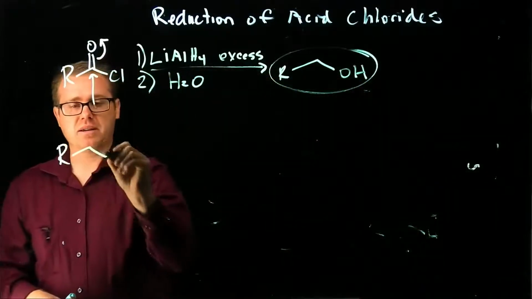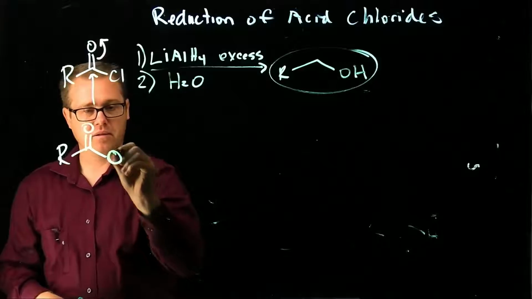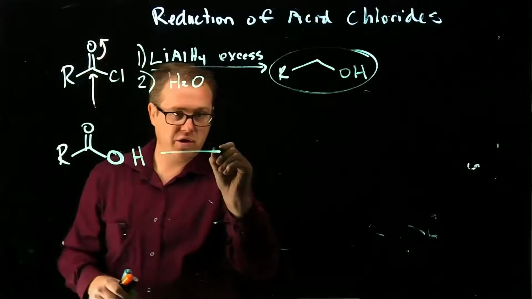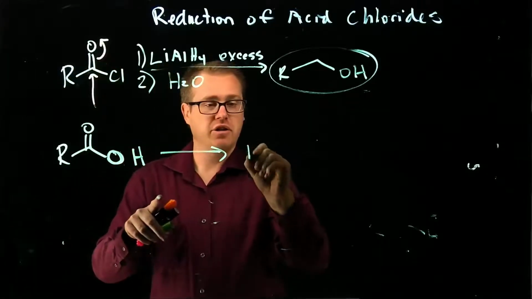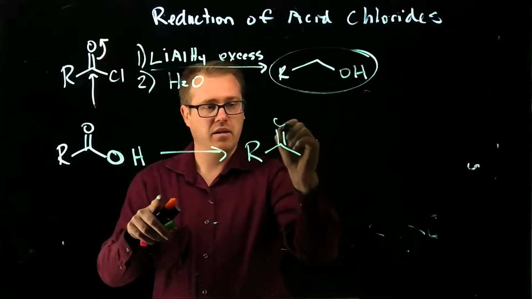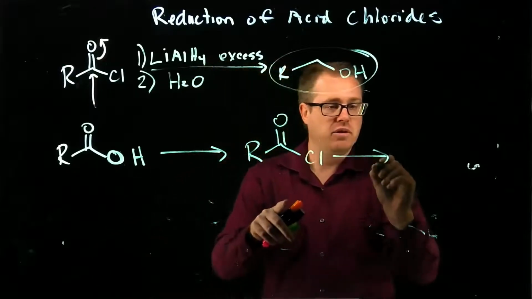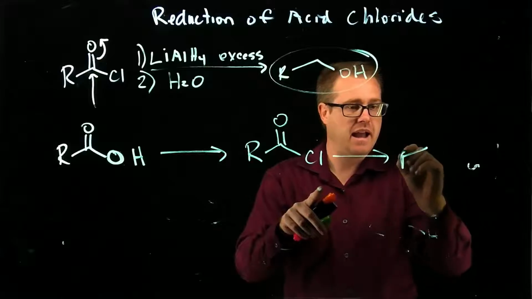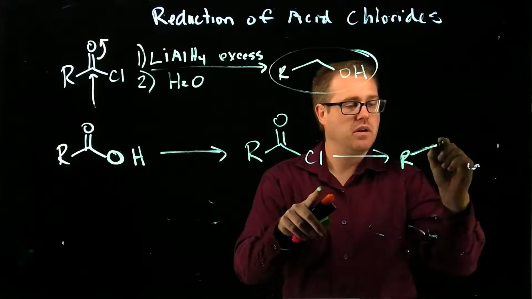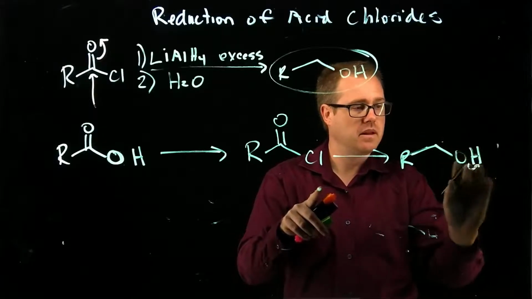So if we have a carboxylic acid right here, we have to do a reaction to convert it to the acid chloride, and then you would do the reduction to get it to the alcohol, right? Like that.